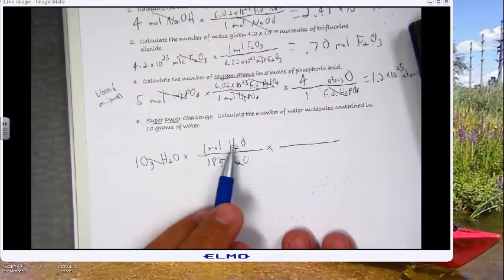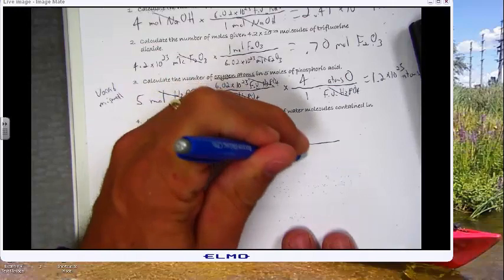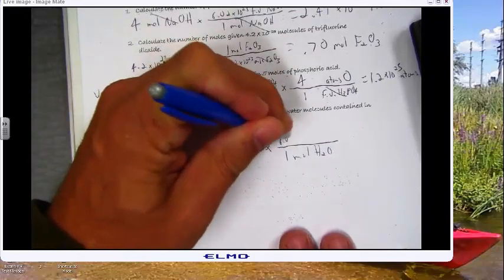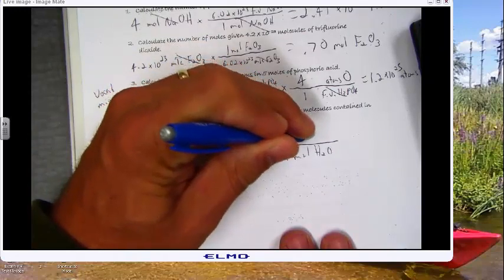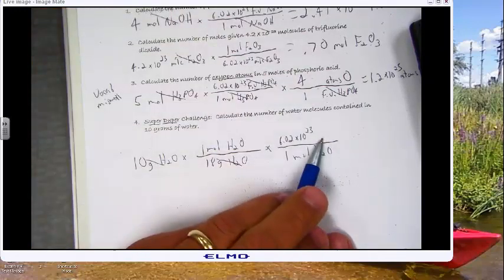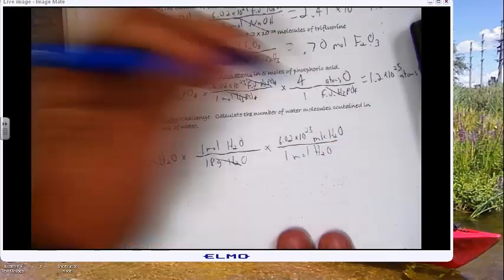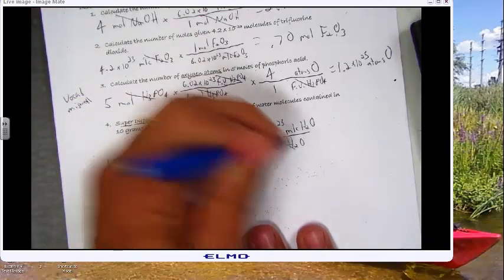Truthfully, I think I could have predicted that 1 mole was going to go on the bottom, so this would cross off 1 mole of H2O. What I really needed to know is particles. Avogadro's number 6.02 times 10 to the 23rd. This will be molecules of H2O. This and this will cross off.